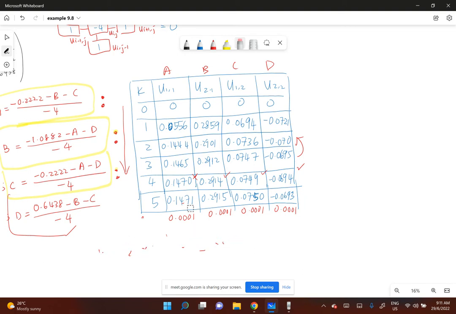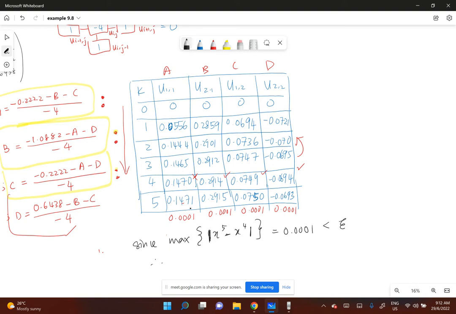So out of these, the maximum is 0.0001, right? So that's right. The maximum of |x5 minus x4| is equal to 0.0001, less than epsilon.